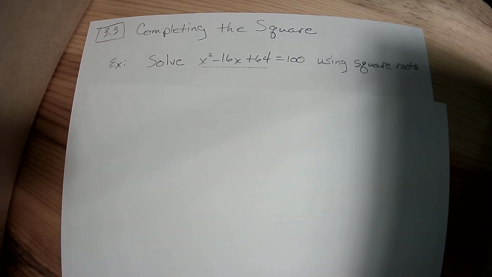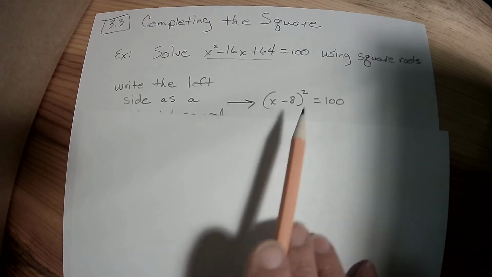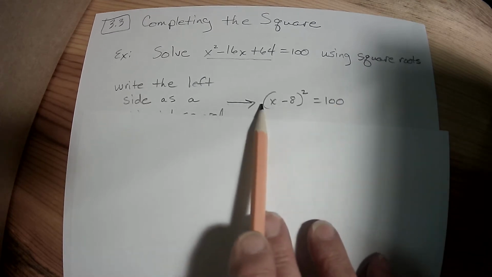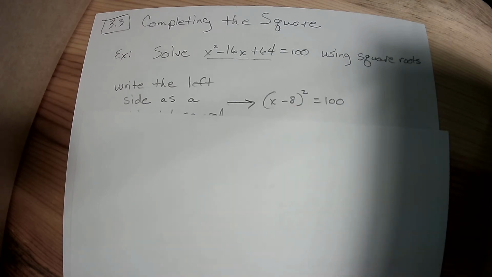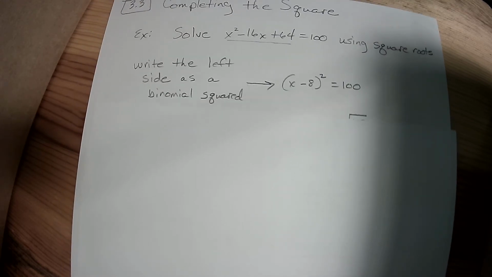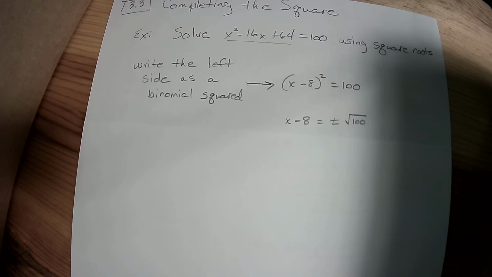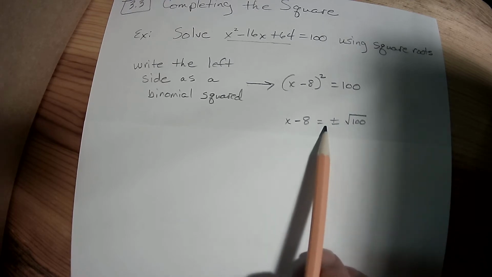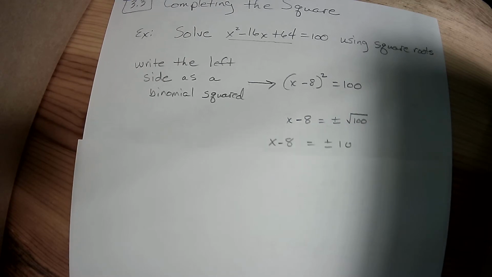And when you factor that trinomial square, you're going to get x minus 8 times x minus 8. In other words, the quantity x minus 8 squared. All right, so if you take the square root of both sides of that equation, you end up with x minus 8 equals plus or minus the square root of 100, which is 10.